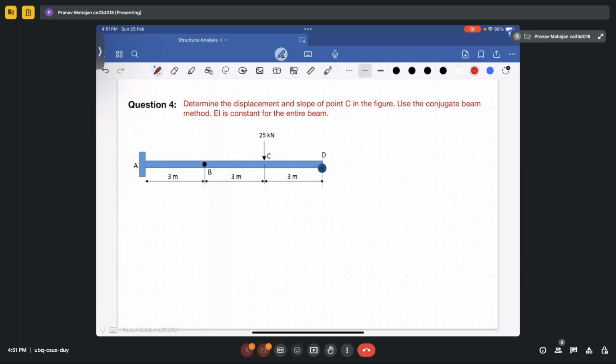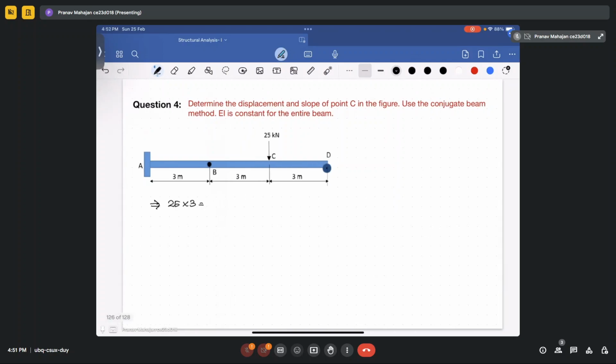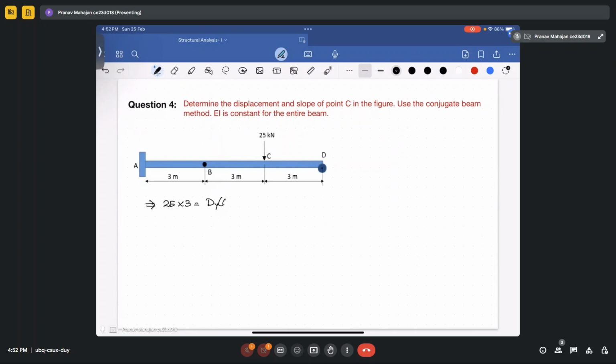You have a question wherein you have a concentrated load of 25 kilonewton provided at a distance of 3 meter from support D. So draw the bending moment for this. For this, take 25 into 3 from this distance is equal to Dy into 6. First, we are considering only the BD portion.